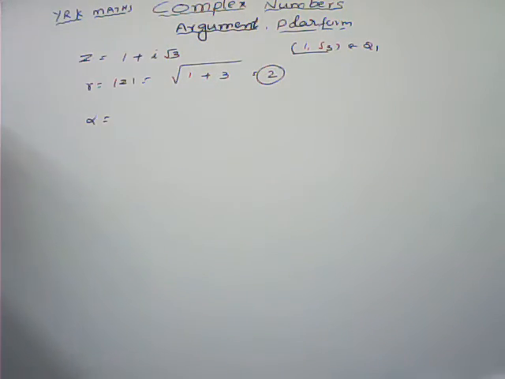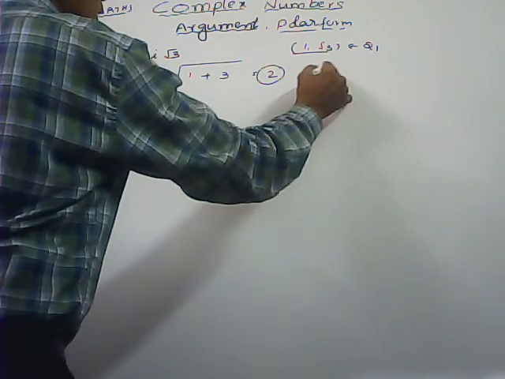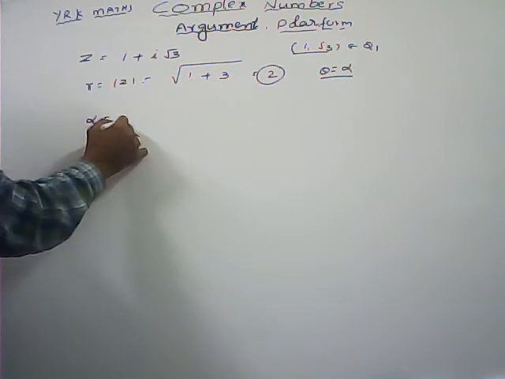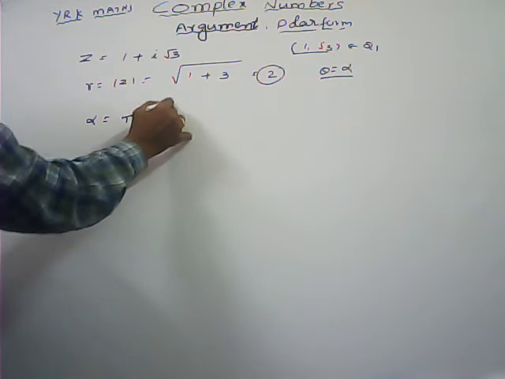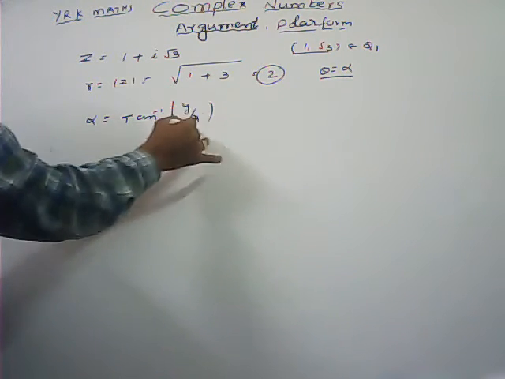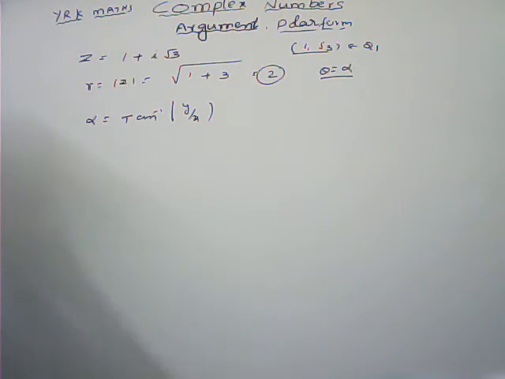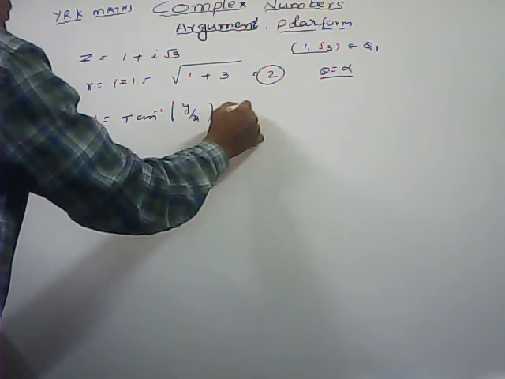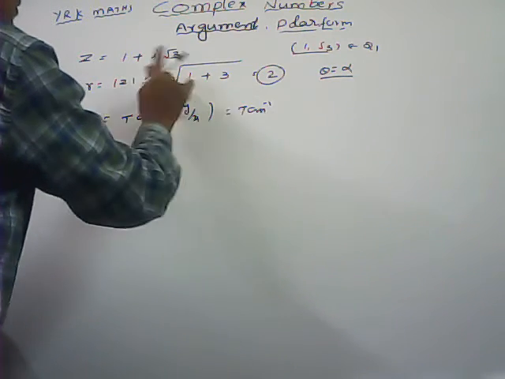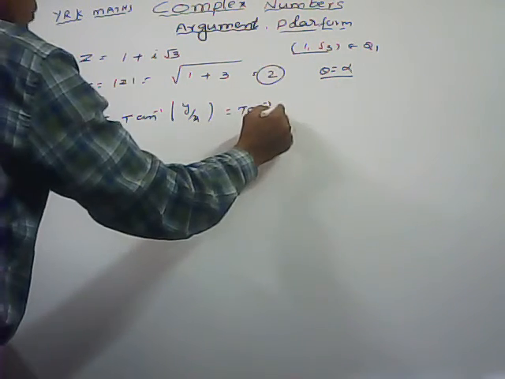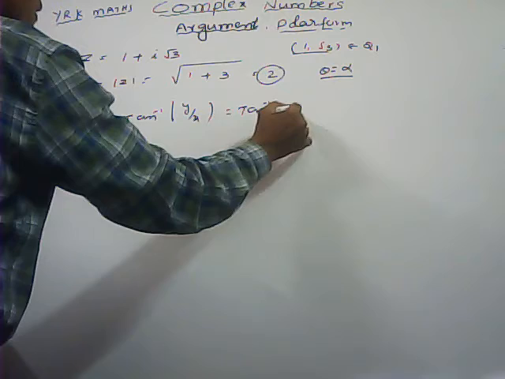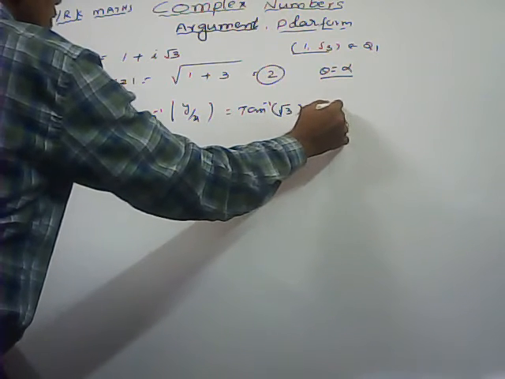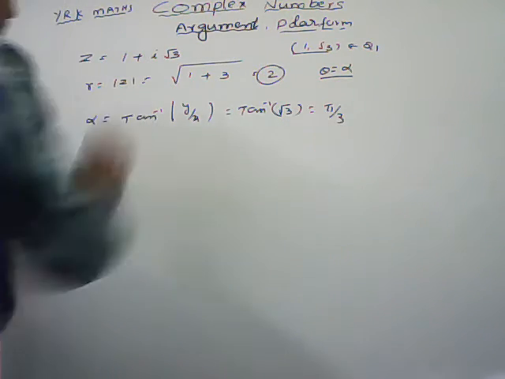In the first quadrant, what about the argument of the complex number? Theta is equal to alpha. Here alpha is tan inverse modulus of y by x. Either it is positive or negative, we consider the positive value. That is tan inverse y by x, root 3 by 1, that is root 3. Tan inverse root 3 is pi by 3.